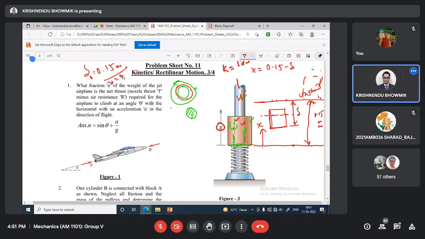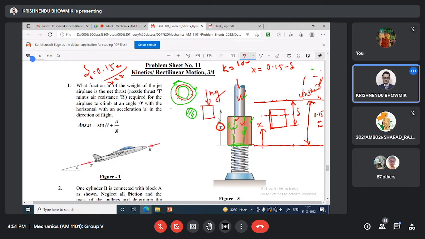Now, you tell me what force has been applied at any instance here. Two forces basically. One is its self weight mg.